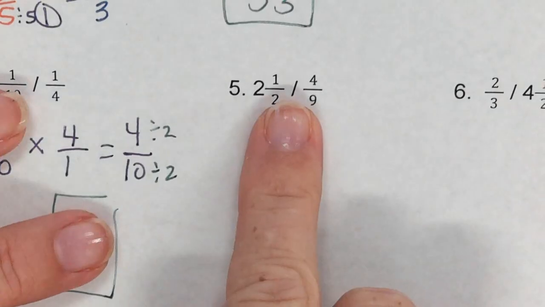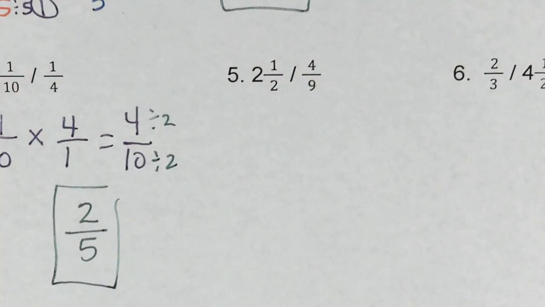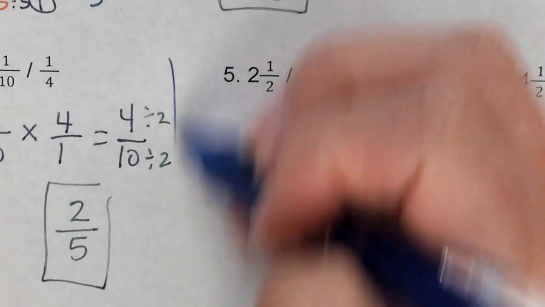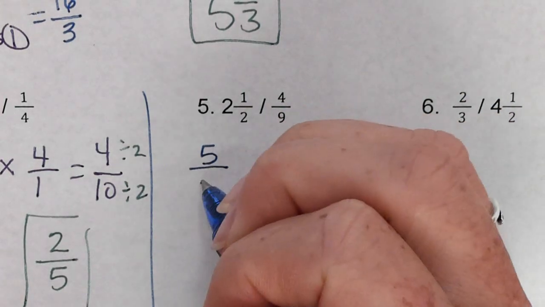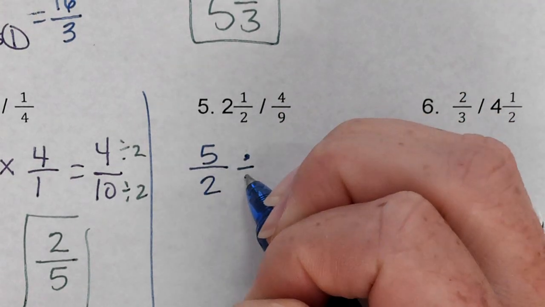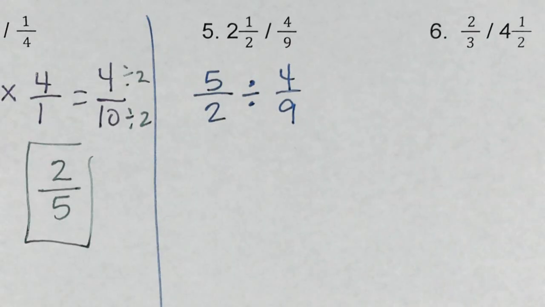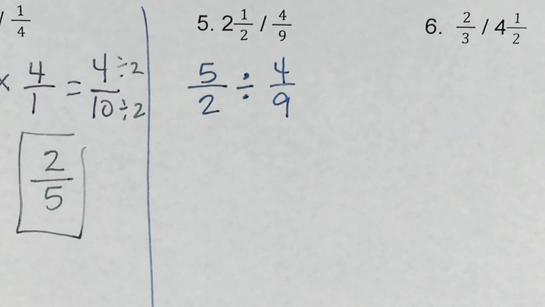All right, try this one on your own. What do you have to do first? Around the world. Check your first step with mine before you move on. All I did was around the world.